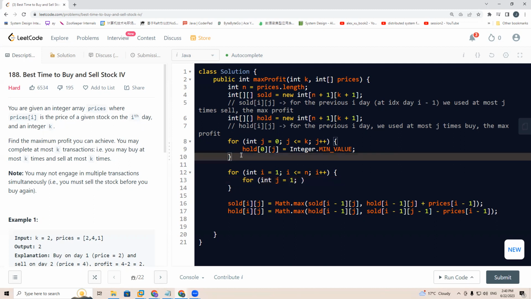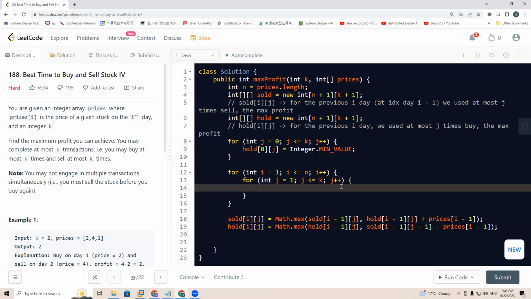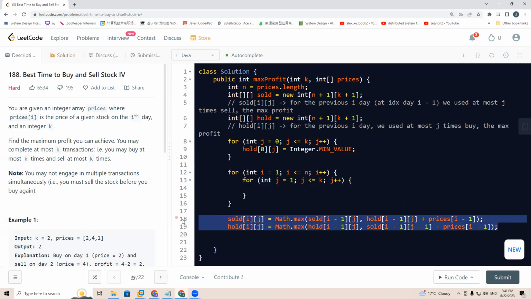It is the same as setting the initial values. j small or equal to k, j plus plus. So for this loop, we'll have these conditions.